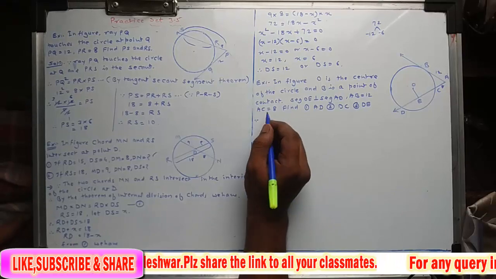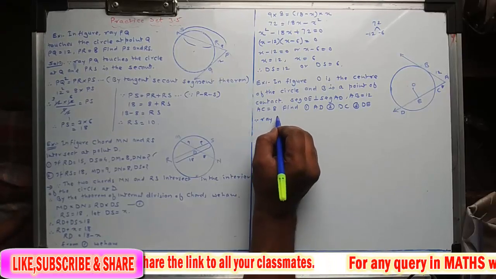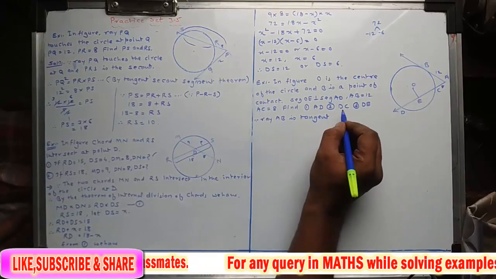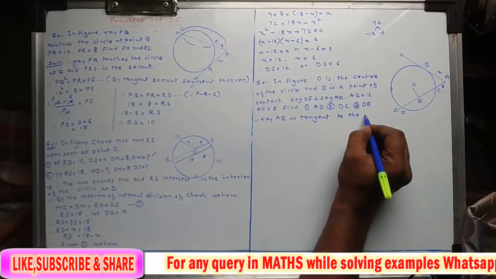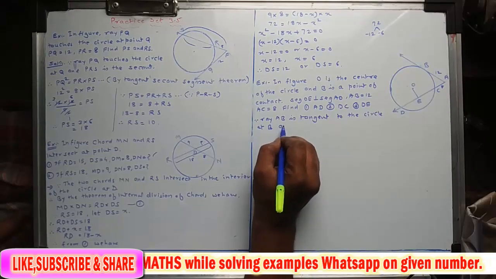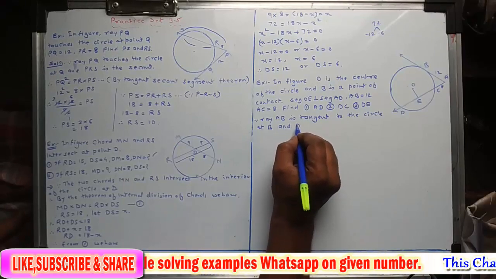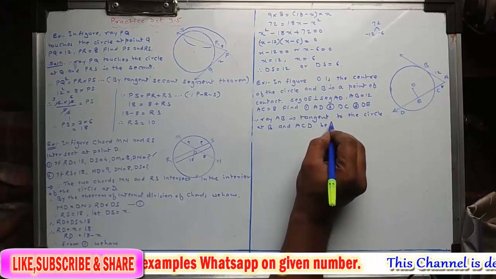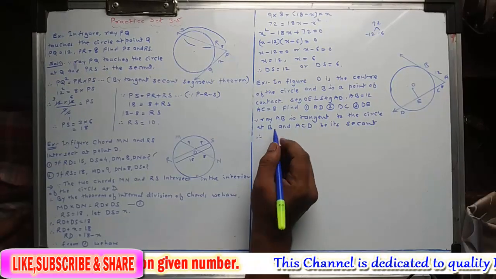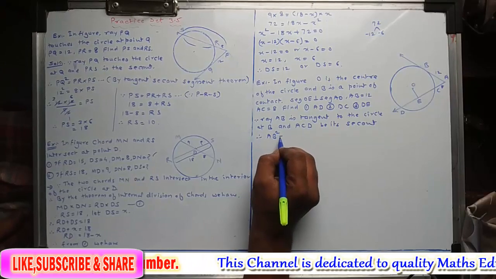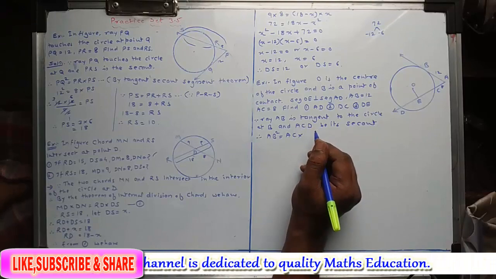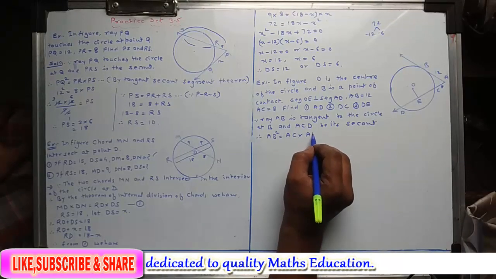Since ray AB is tangent to the circle at B, and ACDB is its secant, therefore AB square is equal to AC into AD.